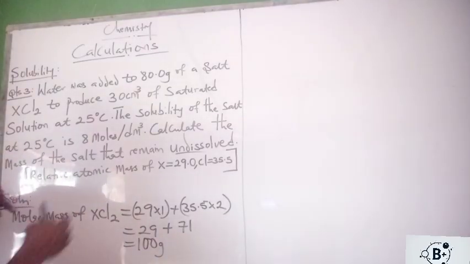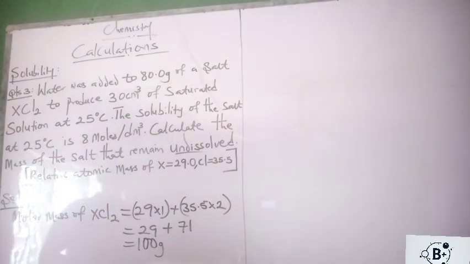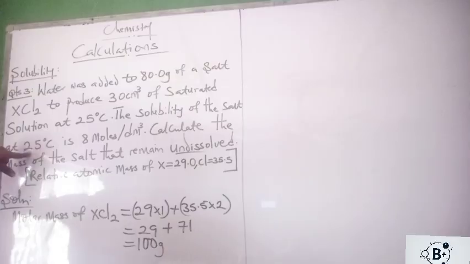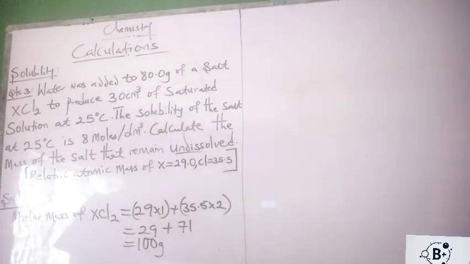They told us that it is 8 moles per dm³, meaning that the solubility of the salt at this temperature, 25 degrees Celsius, is 8 moles per dm³. So 8 moles in 1 dm³ makes the saturated solution.